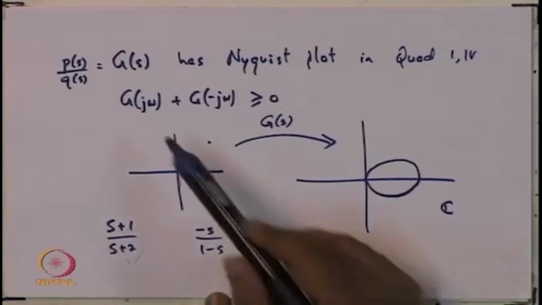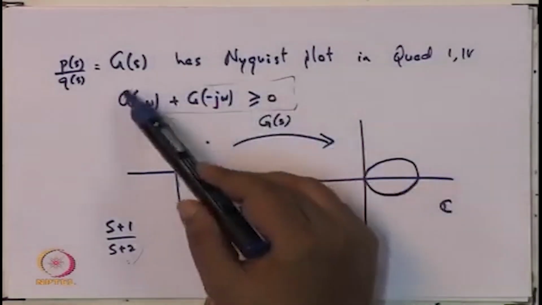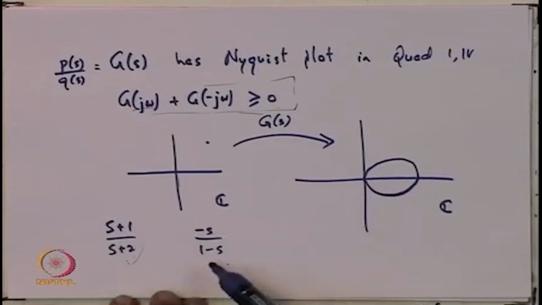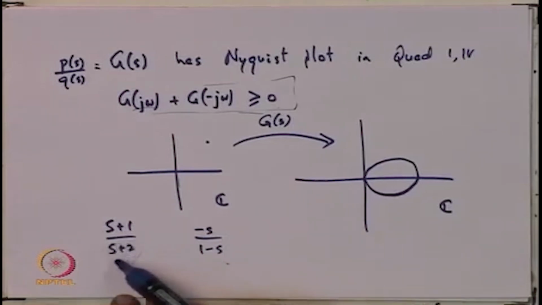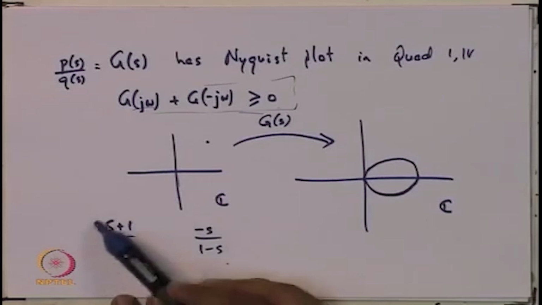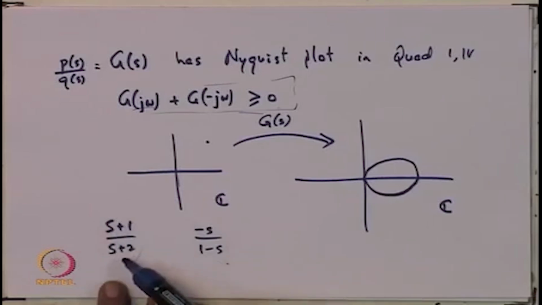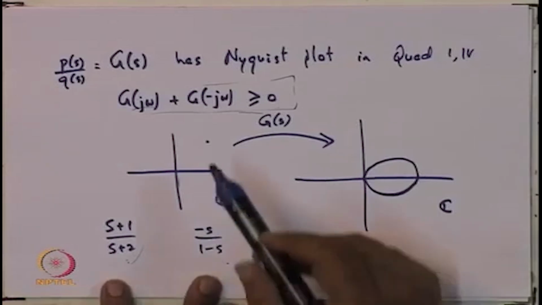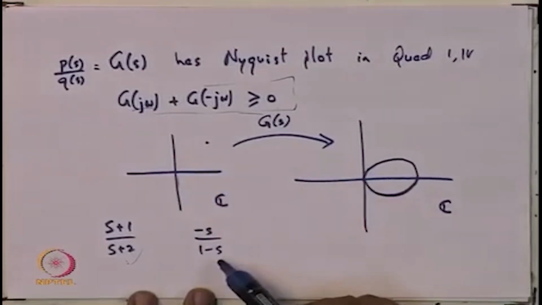So, in both cases, as soon as this equation is satisfied, you can find a storage function, but it is only when the transfer function is Hurwitz that you can find a storage function which is positive, whereas if it is not Hurwitz, then you can find a storage function, but that will not be positive.